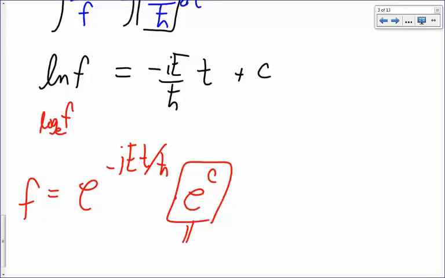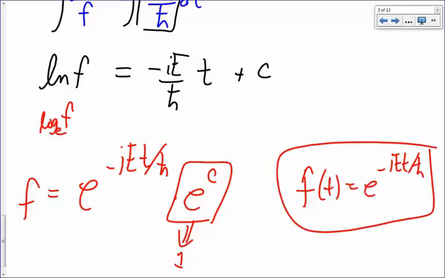We're just going to take that as 1. Okay? It's an arbitrary constant. Ultimately, the whole expression is going to have to be multiplied by a constant so that it's normalized. So for simplicity, we'll just take that as 1. So our function of time is just e to the negative i Et over h bar.